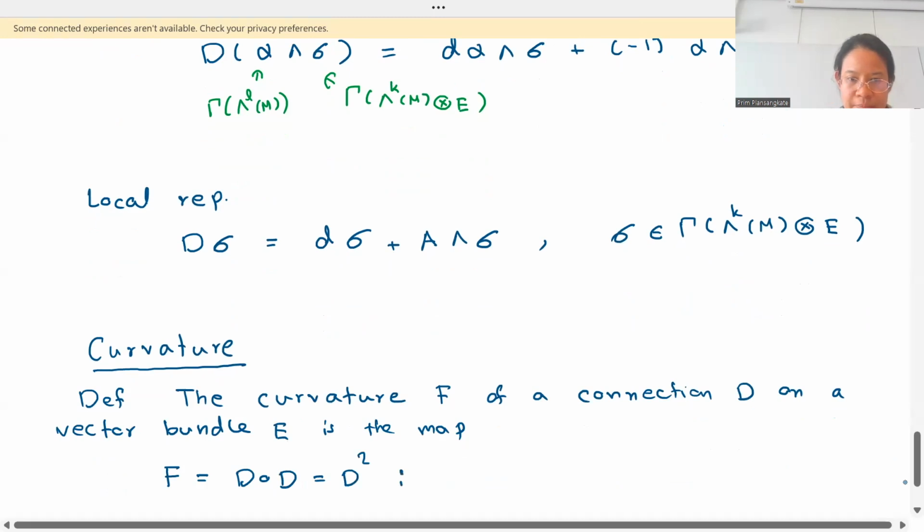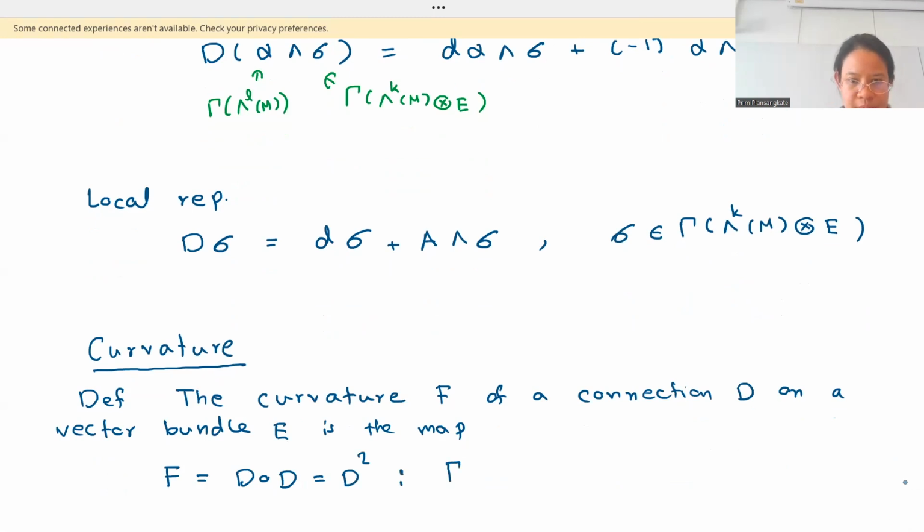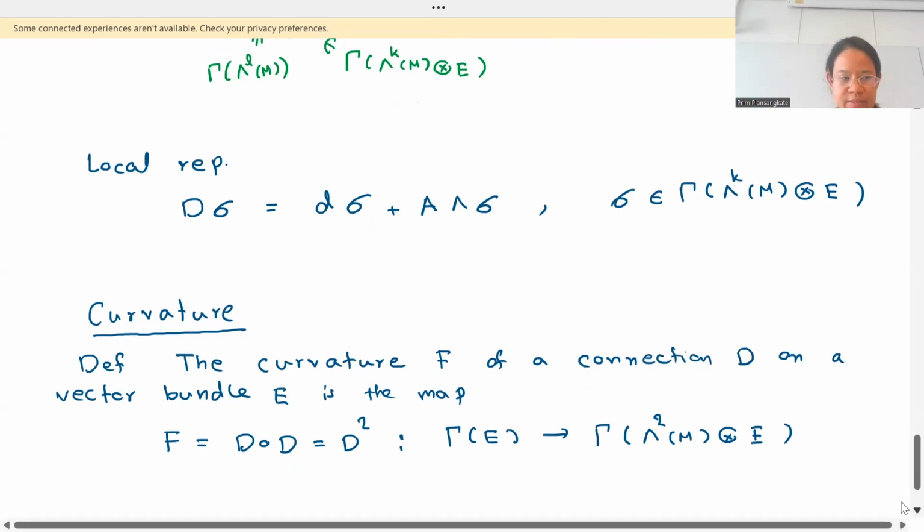So it is a map that maps a section of E to, well, do it once, it will be an E-valued one-form, and do it again with the covariant exterior derivative we just defined, it will be an E-valued two-form. Okay, so this is curvature.